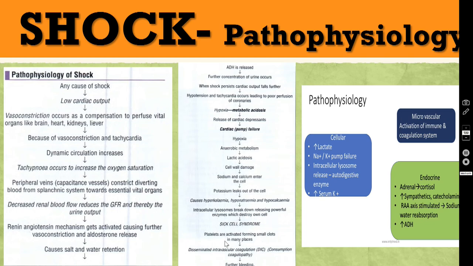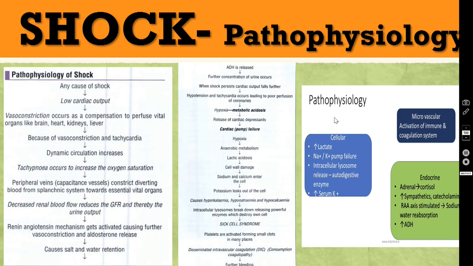The platelets also are activated, forming small clots in many areas, resulting in DIC, or disseminated intravascular coagulation. This is what is called consumption coagulopathy, resulting in further bleeding. So this is what happens in all the shocks except the septic shock.